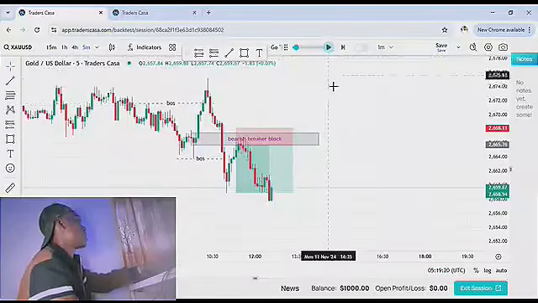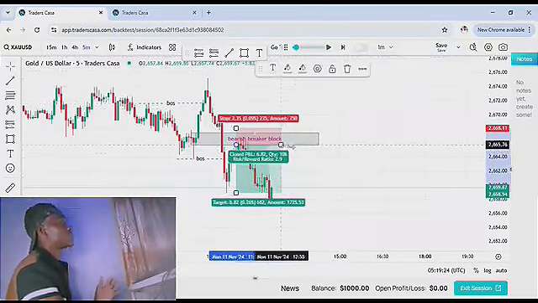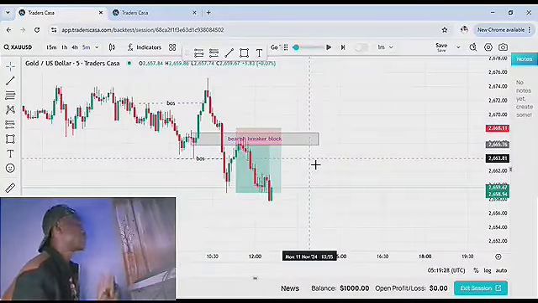So right here you can see that price hits us out at take profit. You understand? It hits our take profit, and that's what I'm showing you guys here.